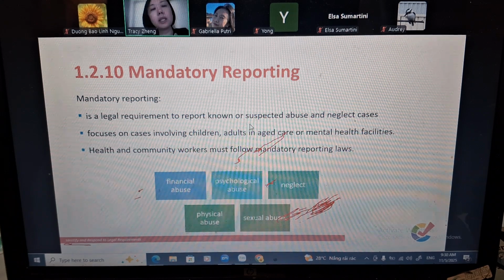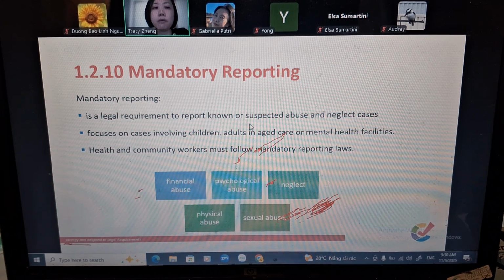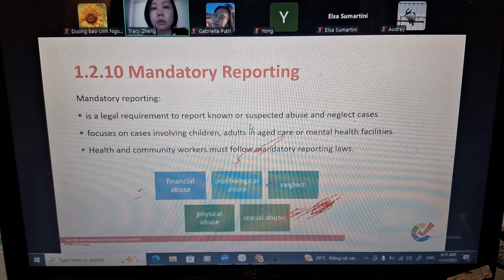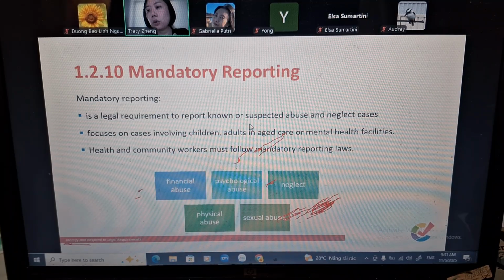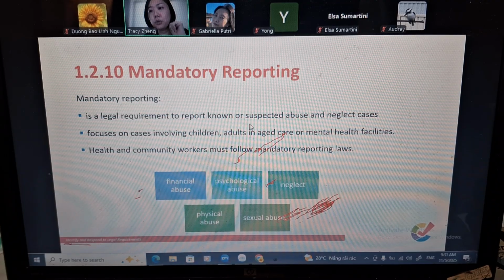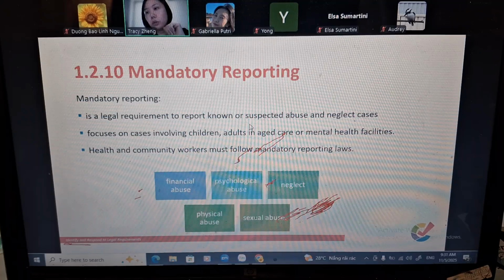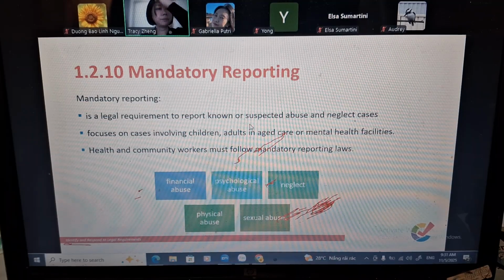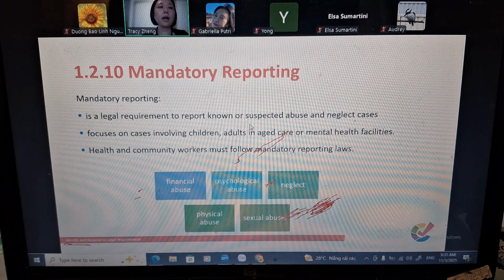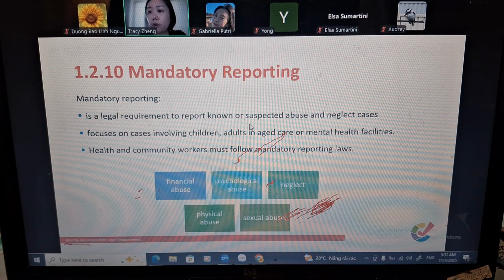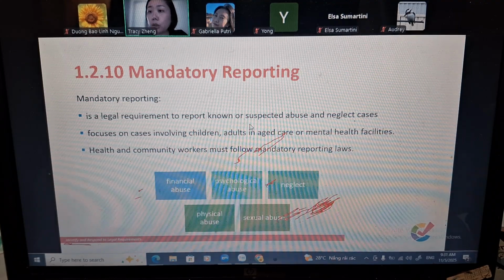And especially if focused on any cases involving children, adults in aged care, or even mental health facilities. All right. So it's not only about your clients. If any children are being abused, we also need to report it as well. Right. And also the health and community workers, we must follow the mandatory reporting laws.